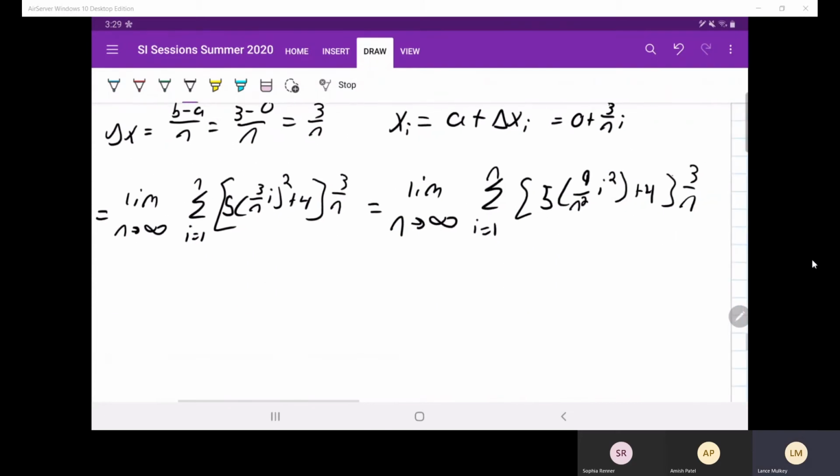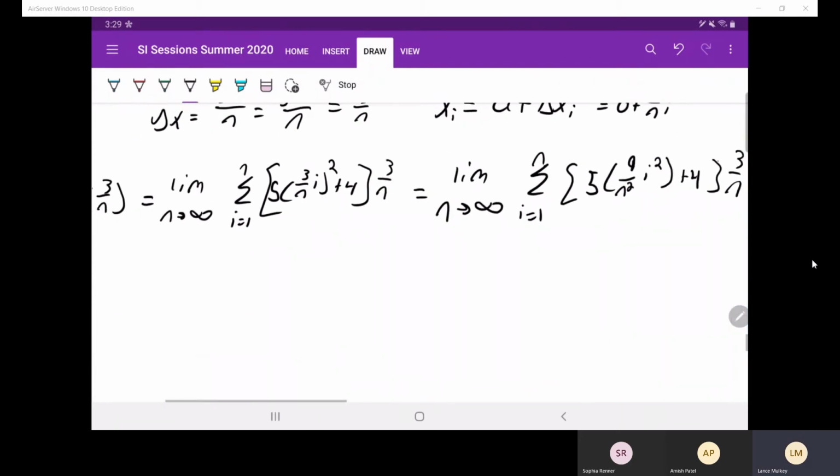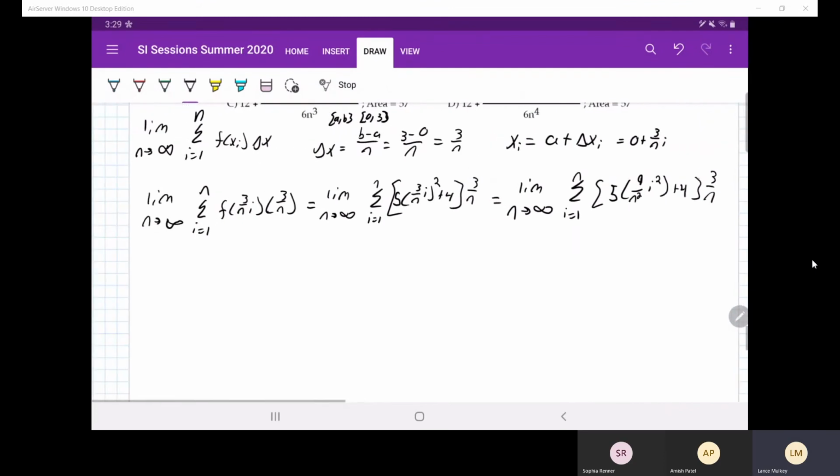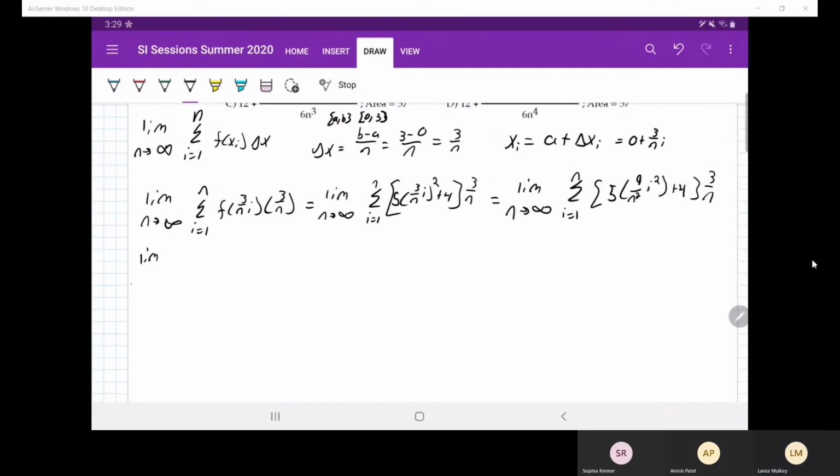Okay. And then we can distribute this 3 over n to the inside. I'm just going to multiply the 5 times 9 times i squared on top. We all following along?